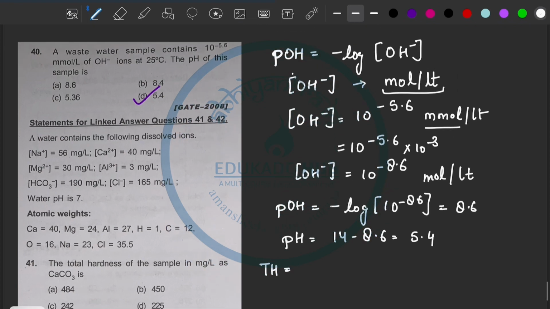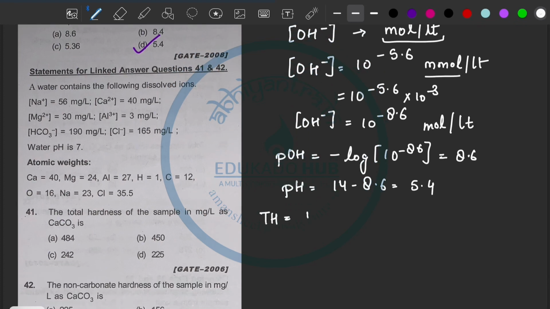For calcium the equivalent weight is 20, into the equivalent weight of CaCO3, which is 50.